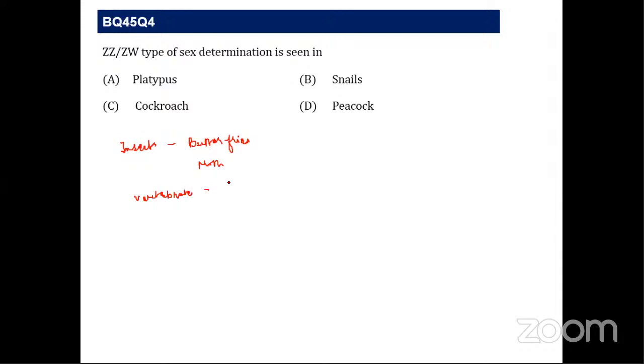In vertebrates like birds, fishes, reptiles, here we are going to find this type of sex determination. So what is your answer going to be? Answer is going to be D, peacock. Now here in this type, ZW is female and ZZ is male.